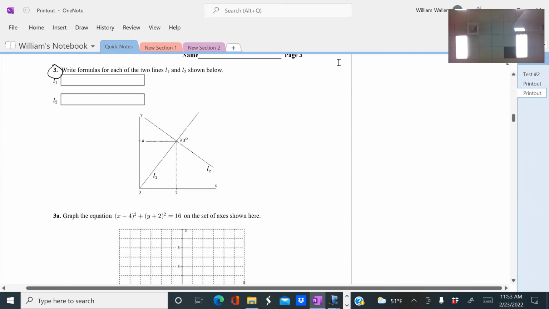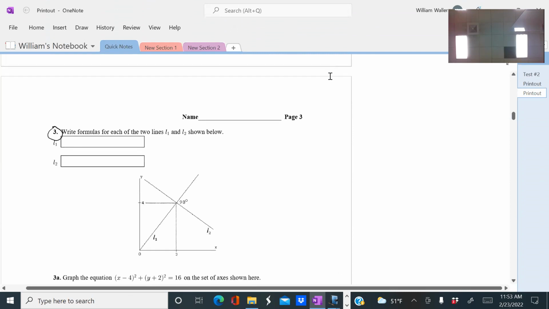All right, now this kind of problem where you're given information visually but not explicitly sometimes also trips up students. But you're familiar with the problem. It's asking you to find formulas for lines, so you know how to find formulas for lines.